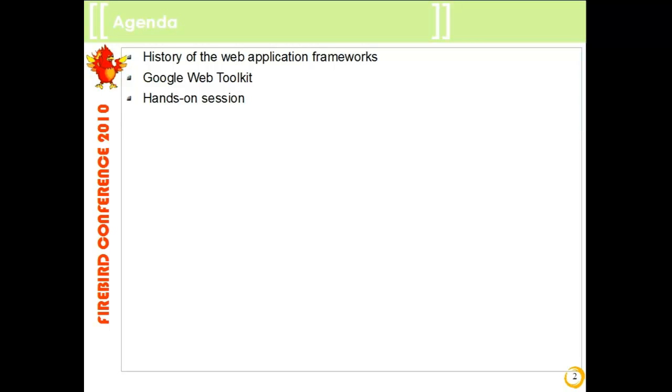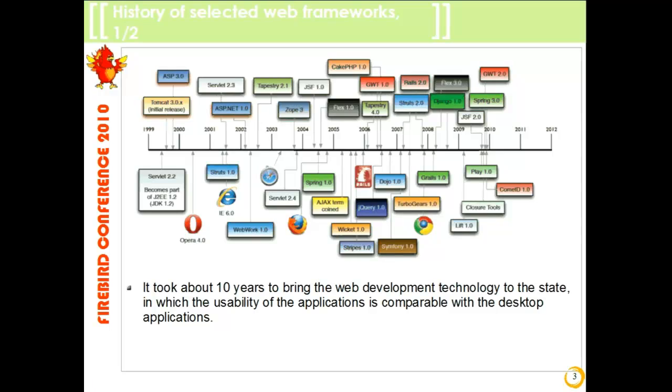So our agenda is we take a quick look at the history of web application frameworks in Java. Then we will talk about the Google Web Toolkit, and I will do the hands-on session. We have a bit short time, so I will try to do it as quickly as possible and concentrate on the most important things. These are selected frameworks.